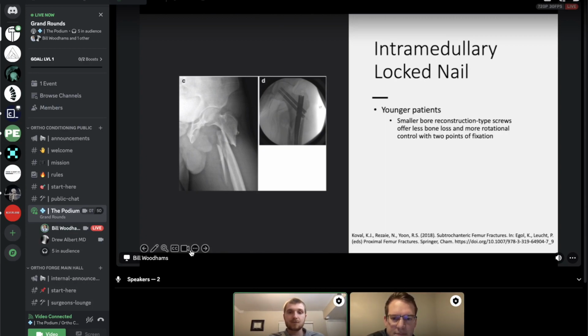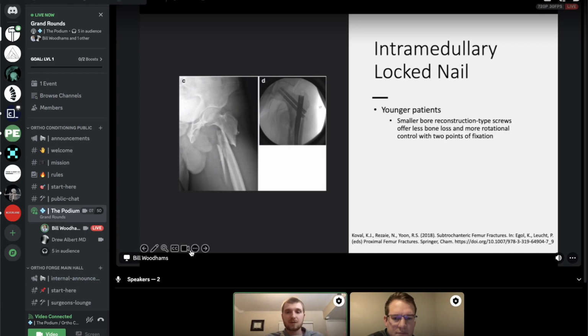So for younger patients, you're still very often going to use that intramedullary locked nail. You may opt to do a smaller bore reconstruction with those types of screws because they offer a little bit less bone loss and a little bit more rotational control with the 2 points of fixation. As you can see in image C, there's your subtroch fracture. It's quite severe.